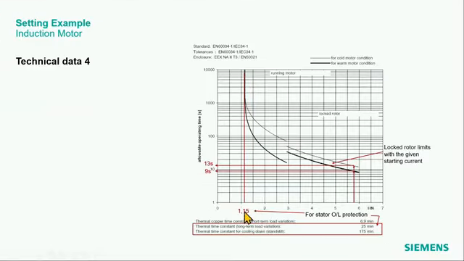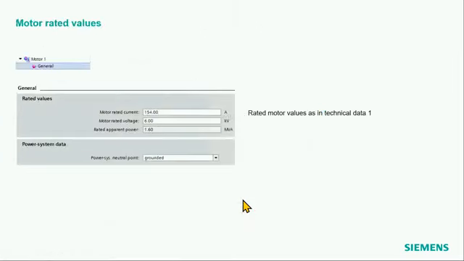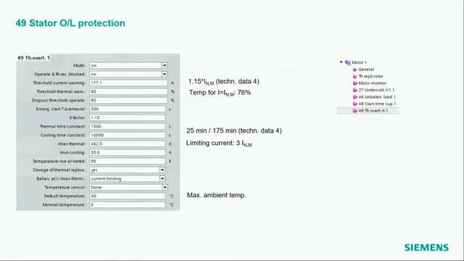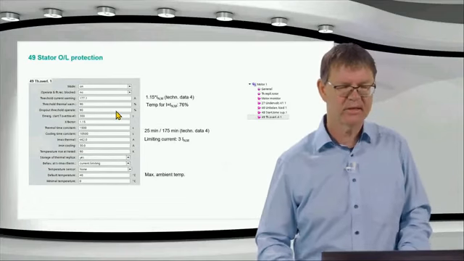You just need to measure that, or you get it as a value from the motor manufacturer. This is my K factor for the stator overload protection. Now we talk about a function which we treated in the first tutorial. If you want to know more about that and you missed the first part, then please go and have a look in the first part. There we explained all these settings.